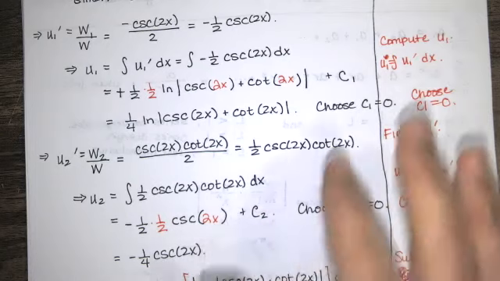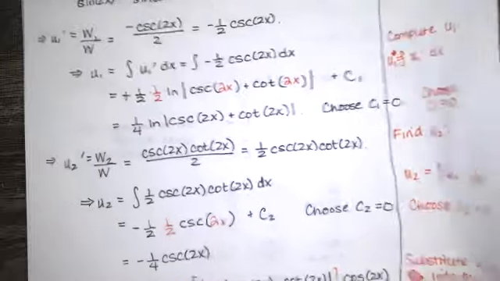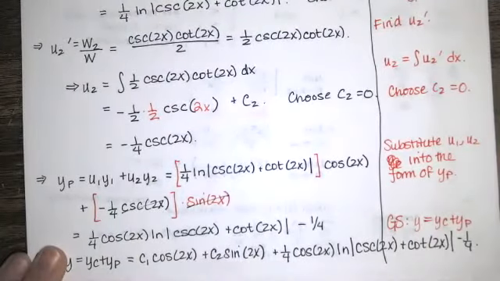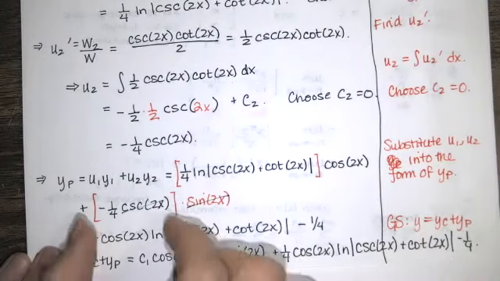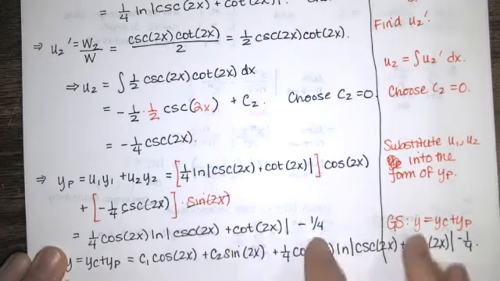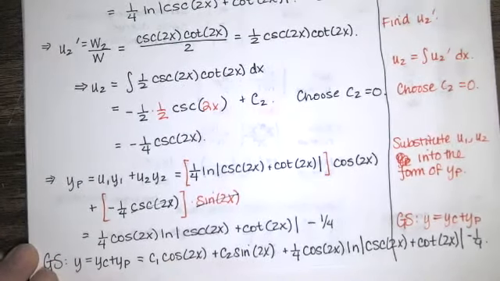Choose the constants of integration to be 0 in both cases because we're going to multiply u1 and u2 by y1 and y2. Then you say, okay, y sub p must be this. So we substitute the u1 that we found and the u2 that we found into the form of y sub p, simplify as much as possible, and then the general solution is y equals y sub c plus y sub p.